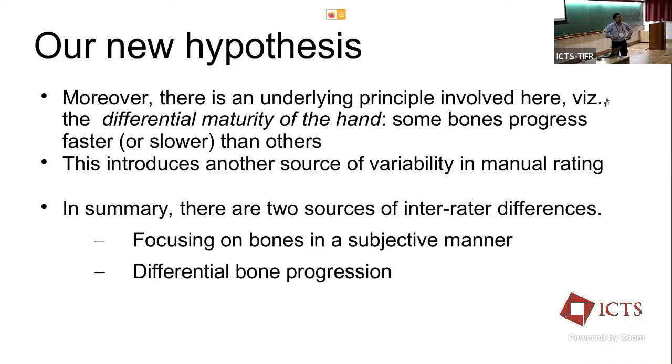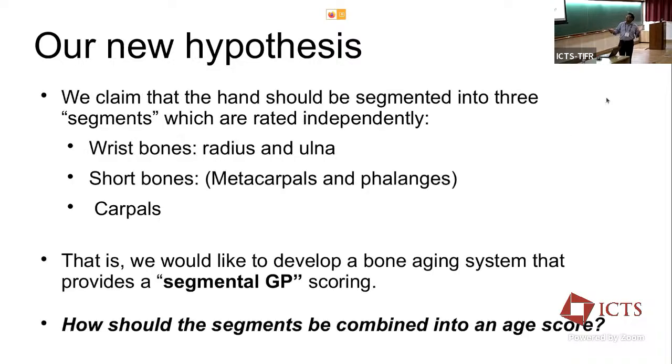And now the job is to try and cast it into some machine learning language that we can then deal with these questions. Okay, so here's what our solution to this problem is. We claim that the hand should be segmented into three large regions.